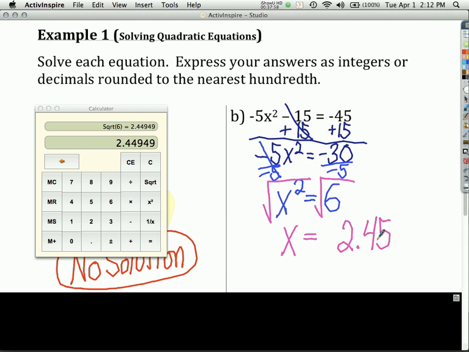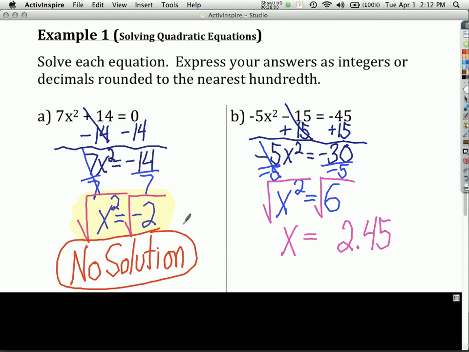Now, if we circle that, we will get it wrong. Because there are two solutions when you take the square root of a number. And so you have two choices.